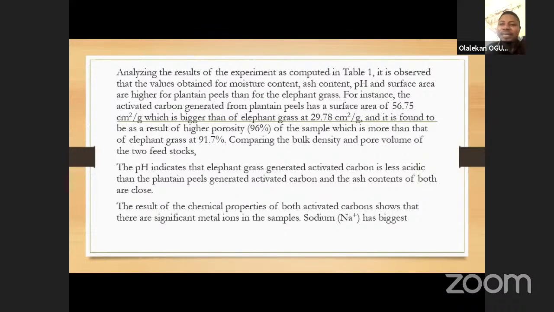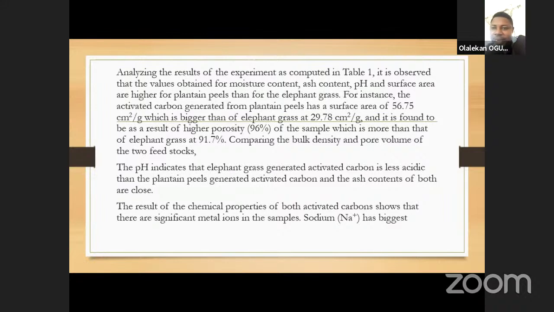It is also found that the porosity, 96% for plantain peel, is higher than that of the elephant grass at 91.7. Comparing the bulk density and pore volume of the two feedstocks, it is very clear that activated carbon generated from the plantain peels has higher adsorption capacity than that of the elephant grass.